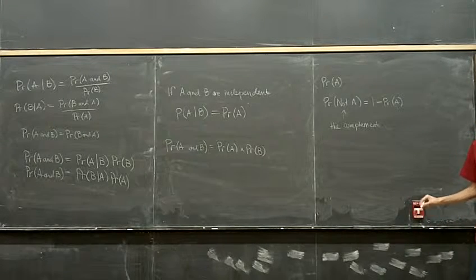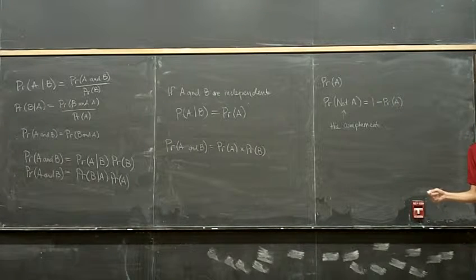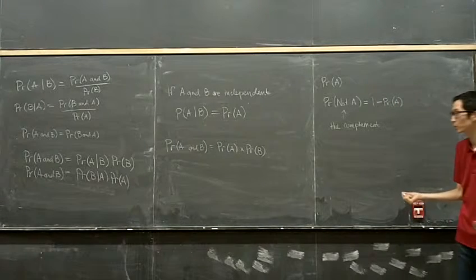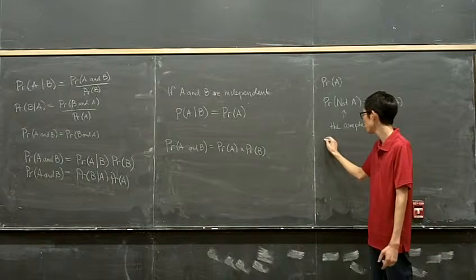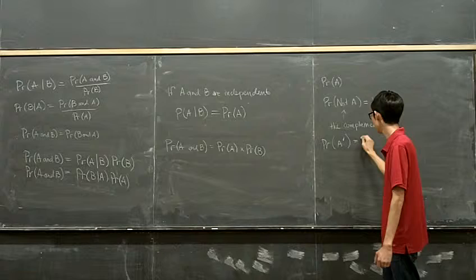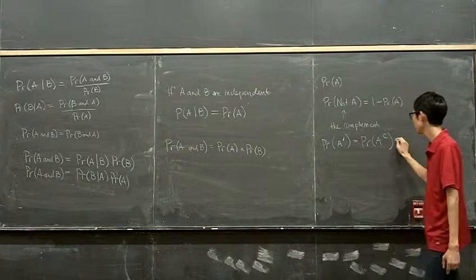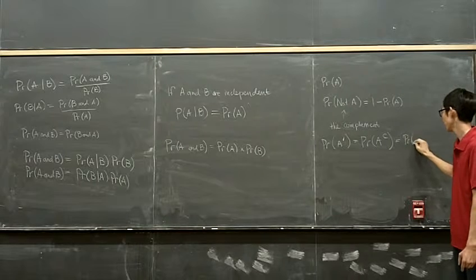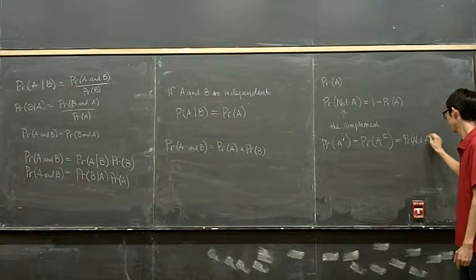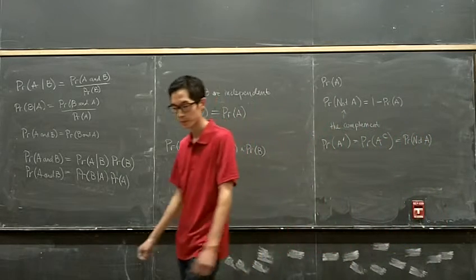It completes it. So together A and not A form everything. That's the complete picture. Sometimes we write probability of A prime, or the probability of A complement, and sometimes we just write probability not A. These are all the same concept.